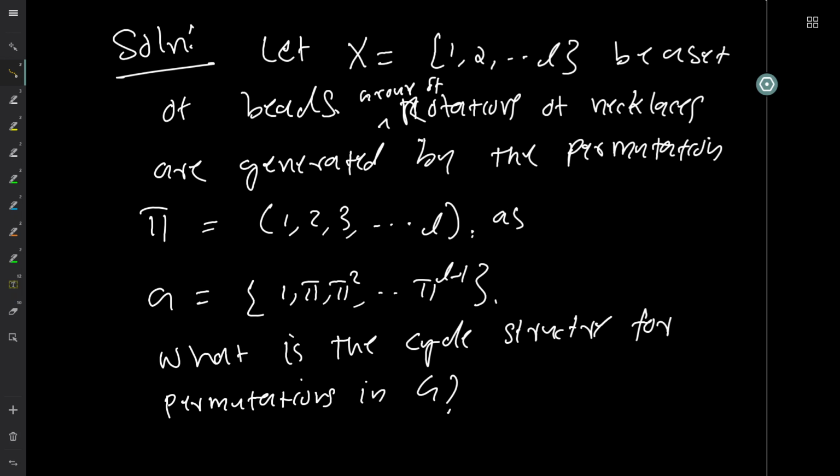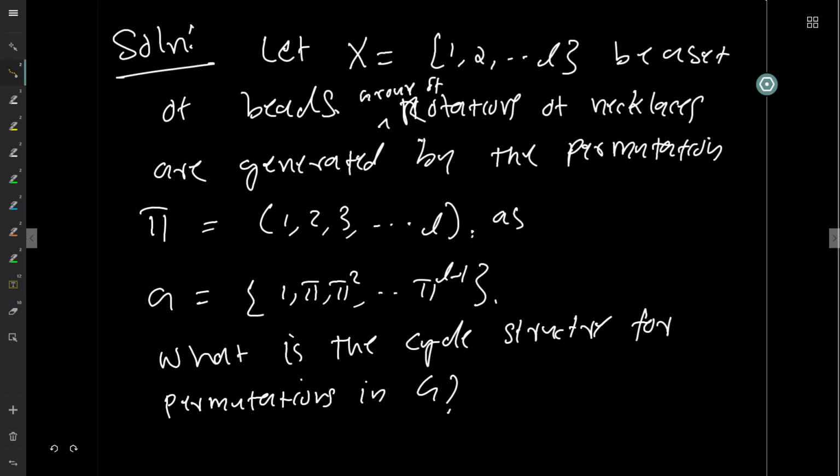Now, what is the cycle structure for permutations in G? So this is a very interesting example. So can you think of some nice properties of the cycle structures of the permutations in G? If you are looking at the group of rotations, what can you say about the cycle structure?